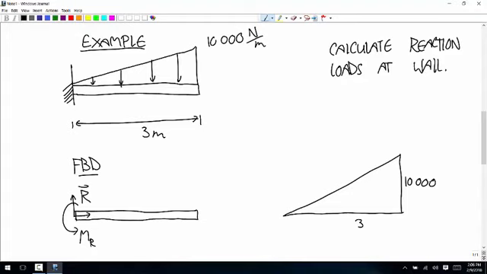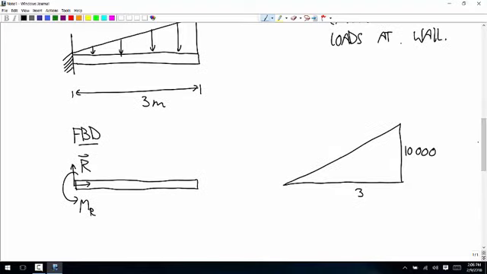It's obviously not drawn to scale, but still, we're just going to use this to calculate the area and then where the centroid is. So the area of this is base times height over 2. So 15,000, and that's newtons.